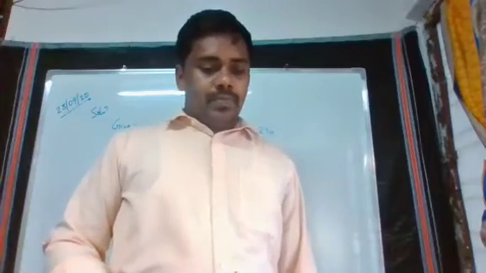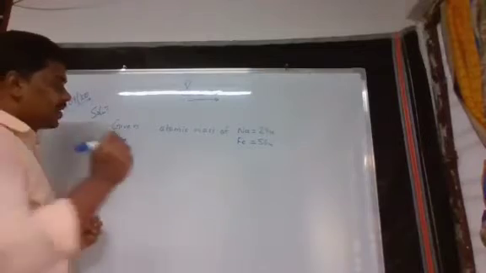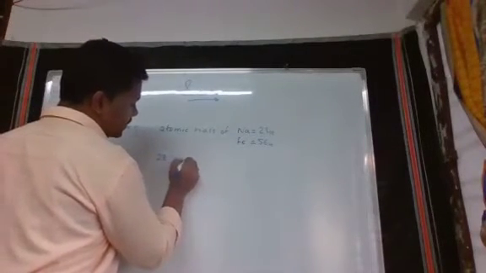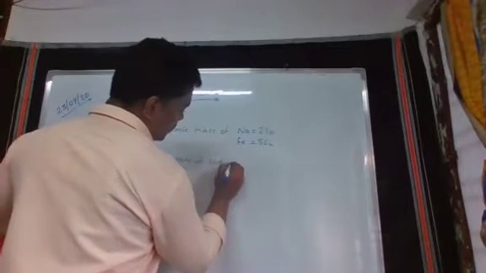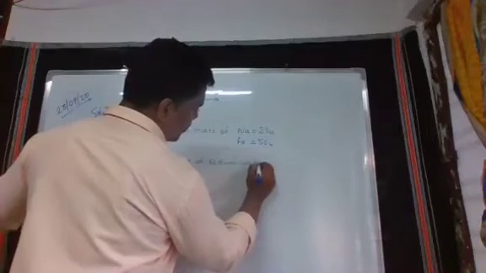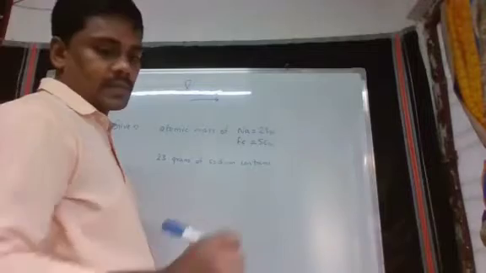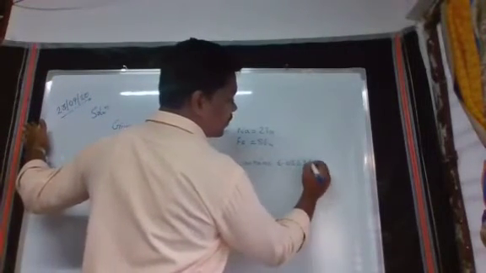23 grams of sodium contains 6.022 into 10 raised to 23 atoms.